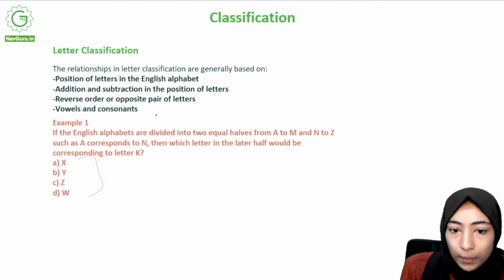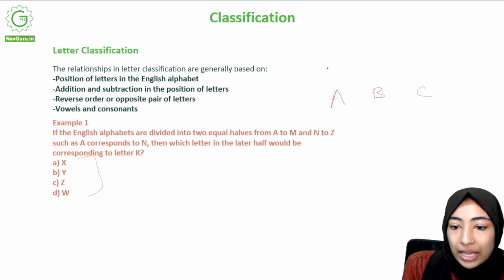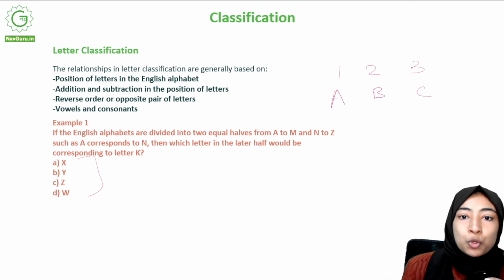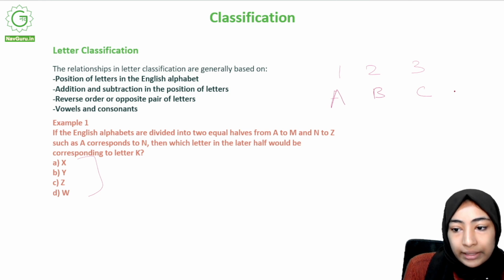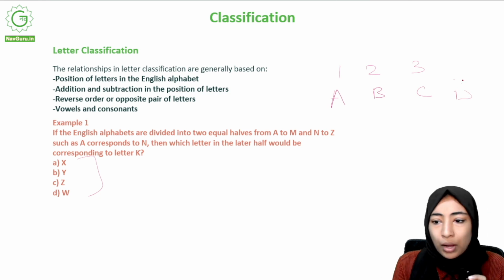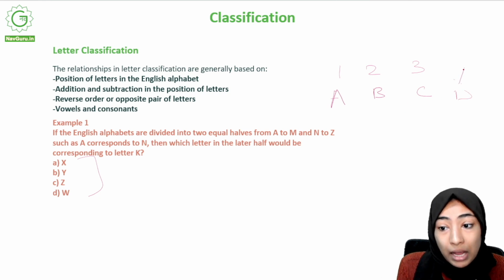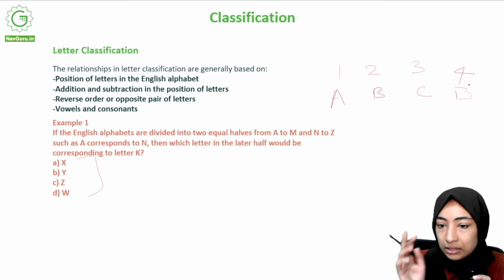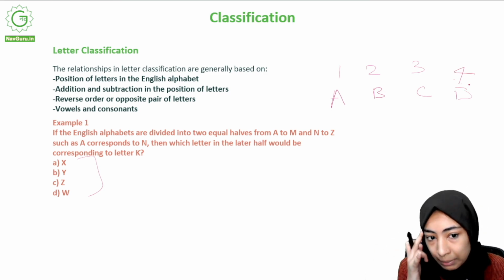So what do we mean by position? Here you have A, B, C. The position of A would be 1, B would be 2, C would be 3, and so on and so forth. And then D would be 4, and you know how that goes. So questions could be asked based on this, something that you need to keep in mind.